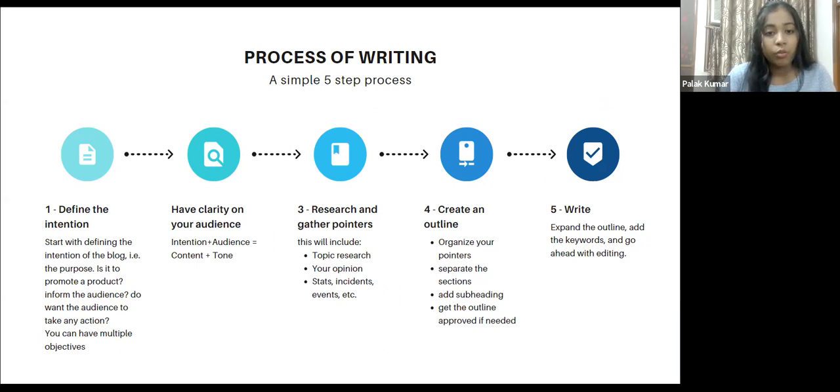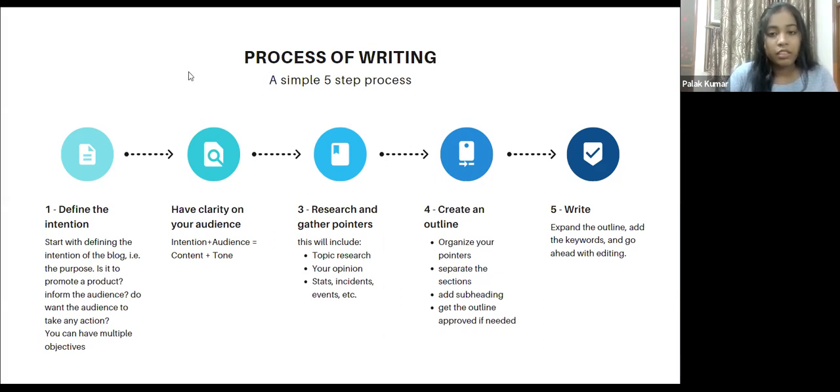Once you have your pointers and research together, you start organizing these points into sections to create an outline. You separate these sections, you add different sorts of subheadings. You just number your thoughts or organize them according to the subheaders.